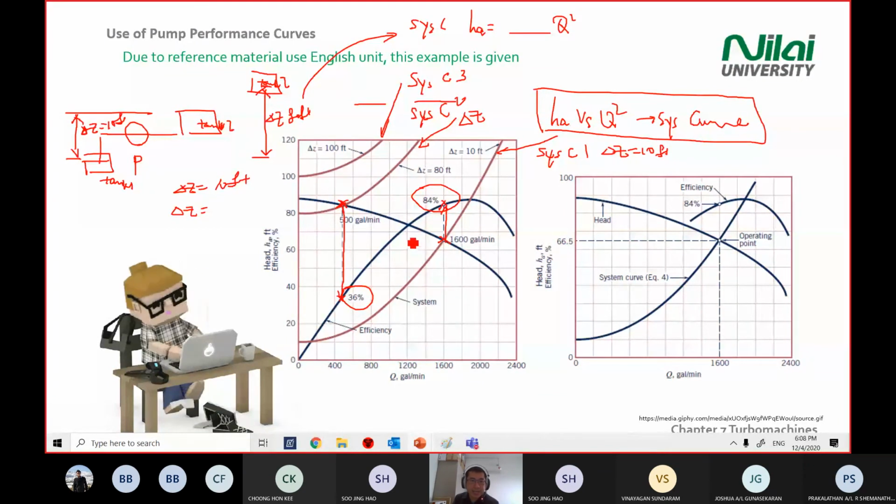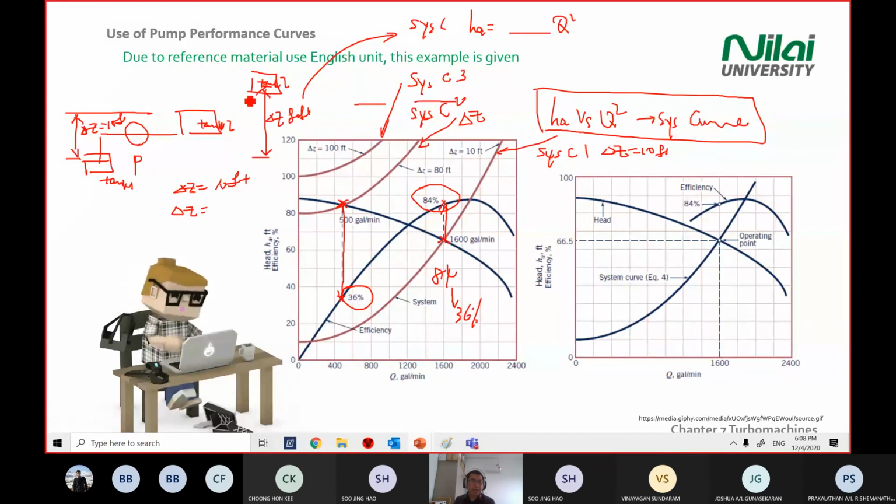So by increasing from 10 feet to 80 feet, the efficiency dropped from 84% to 36%. Okay, so it's quite a high drop in efficiency.